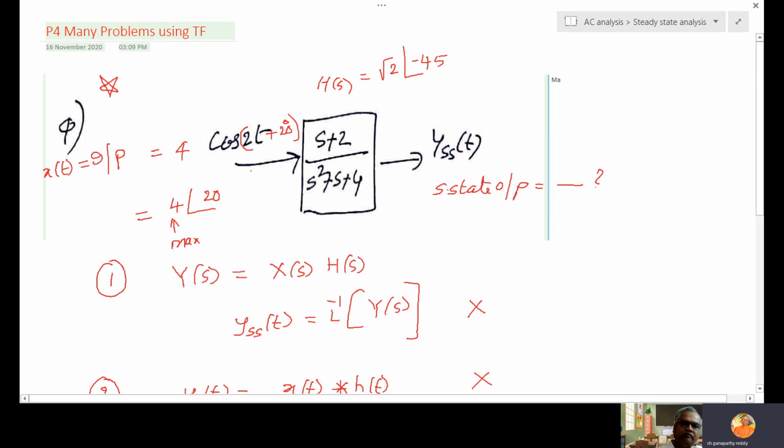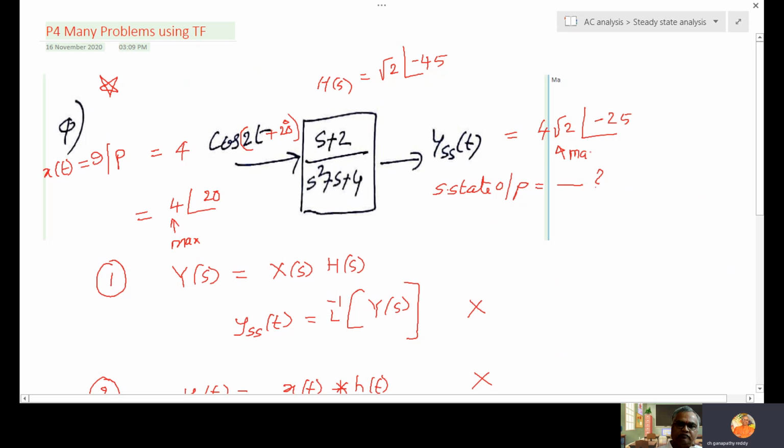What will the output be? This is R1 angle theta 1, R2 angle theta 2. Output is nothing but the multiplication of these two, so you multiply both the gains. When you multiply, what do you get? 4 root 2 angle, plus 20 minus 45, effectively minus 25. Is this 4 root 2 RMS or maximum?